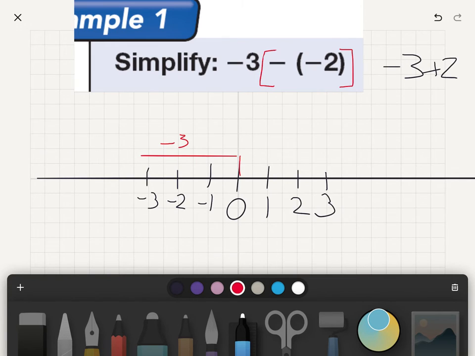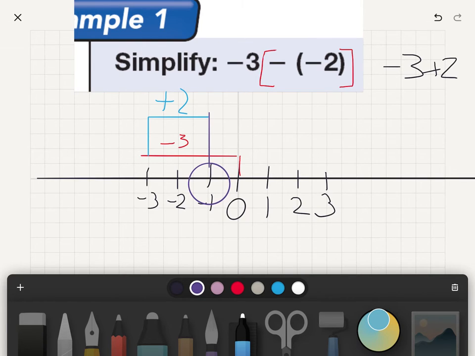And once you get there, this states you're going back a value of +2, or 2 to the right, which would put you down at -1. So that's a way you could look at it.